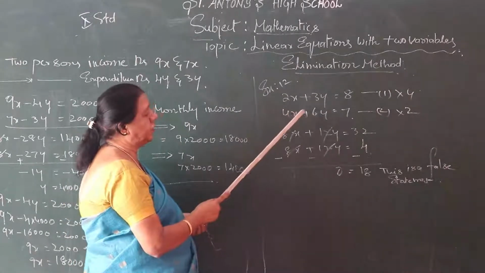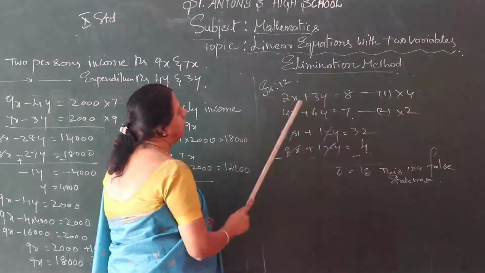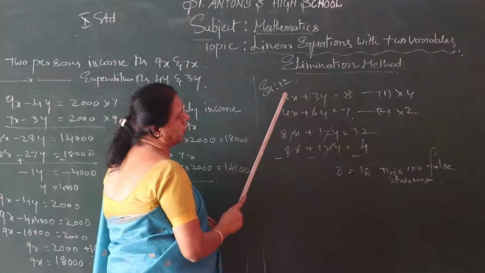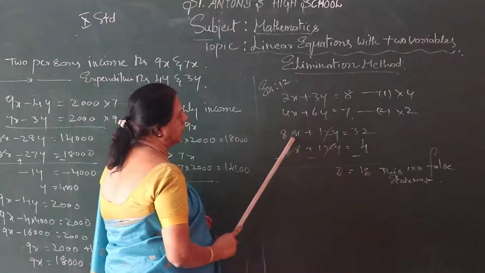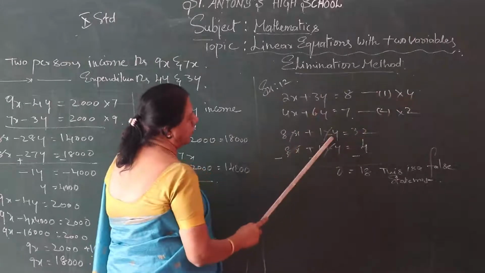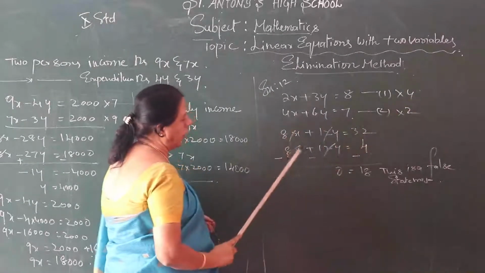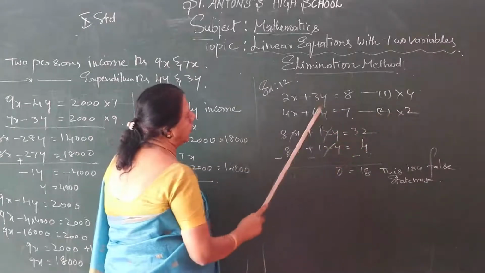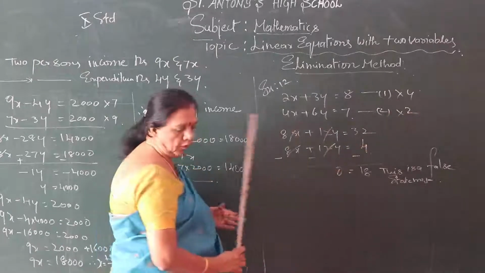So the x coefficient in the second equation is 4 and in the first equation is 2. Multiply: 4 into 2, 8x, plus 4 into 3, 12y, is equal to 4 into 8, 32. And 2 into 4, 8x, plus 2 into 6, 12y, is equal to 7 into 2, 14.